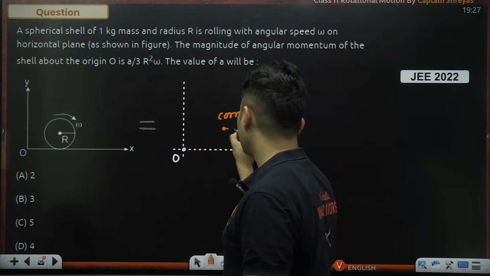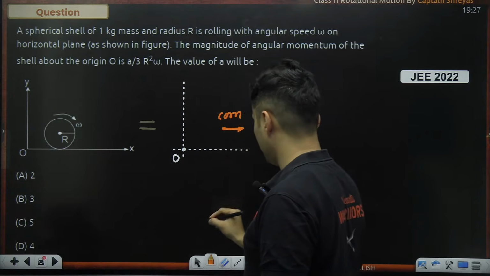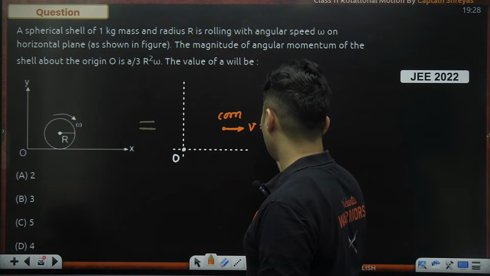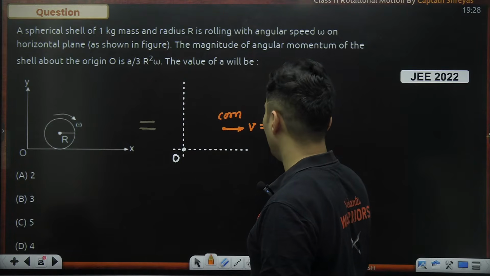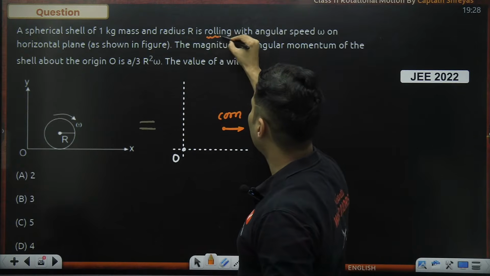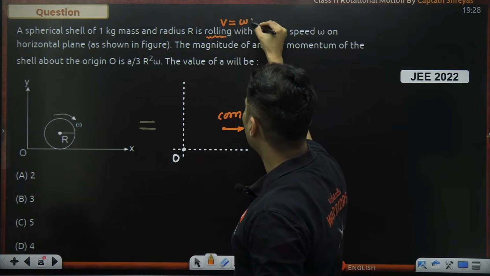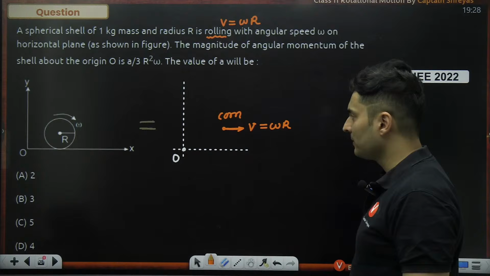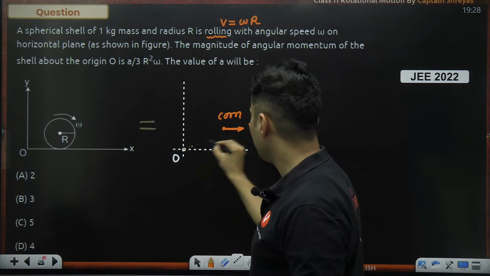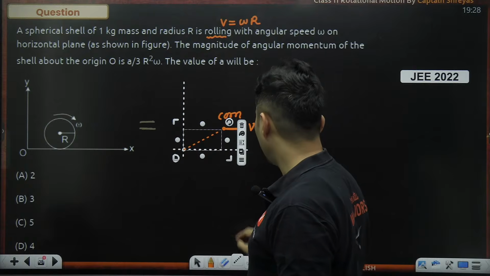That center of mass will be moving with some velocity like this, which is v. Because it is pure rolling, v will be omega into r. Only because it is rolling, v will be equal to omega r. Technically, this is my position vector, but I don't have to use that.